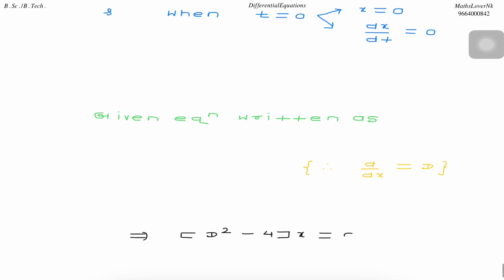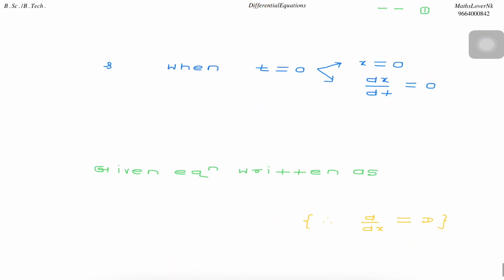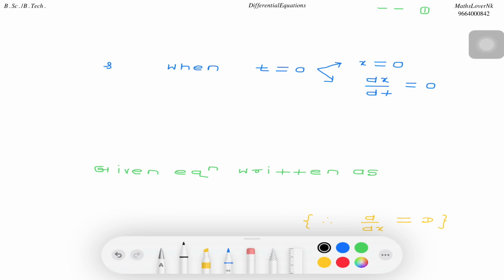Here it is d by dt, not d by dx. Then you write down d by dt.